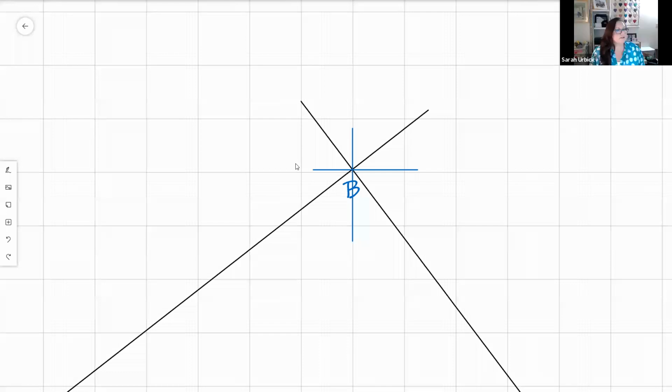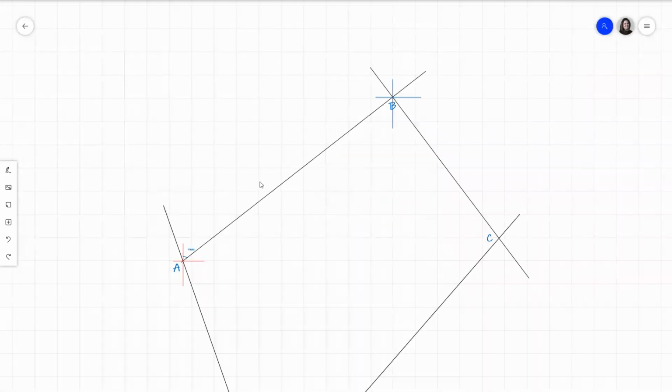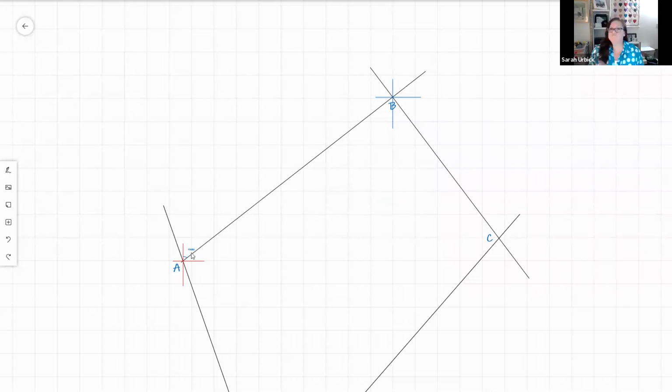So if we look at those lines, we know this angle is 53.82. Do we know any of the other angles at B at this point?